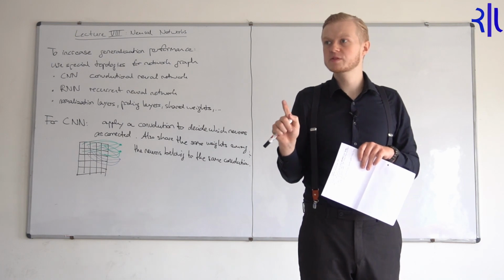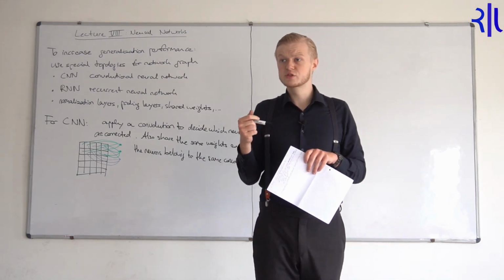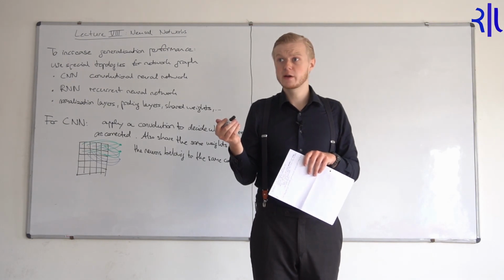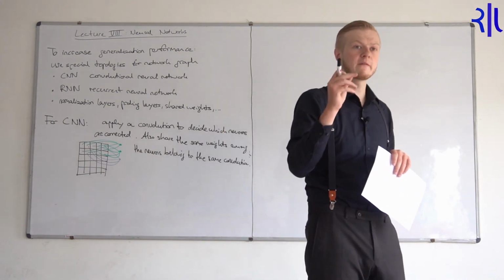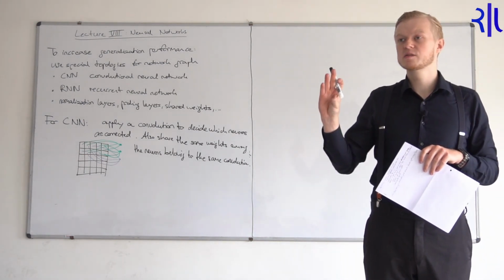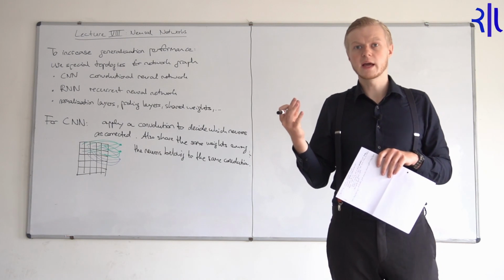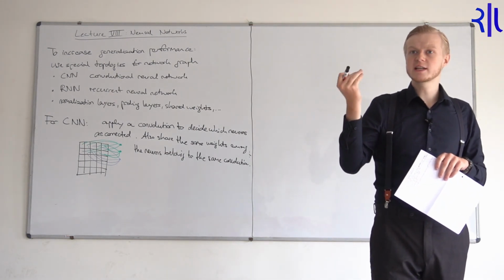Because the multilayer perceptron treats everything equally. For a one-layer multilayer perceptron, every neuron in your hidden layer looks at the complete image, and it doesn't matter if you shuffle anything, and it doesn't matter if you exchange two neurons.